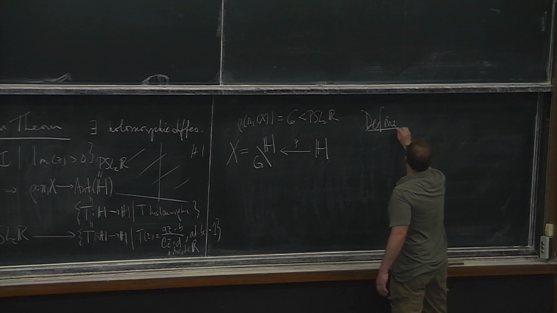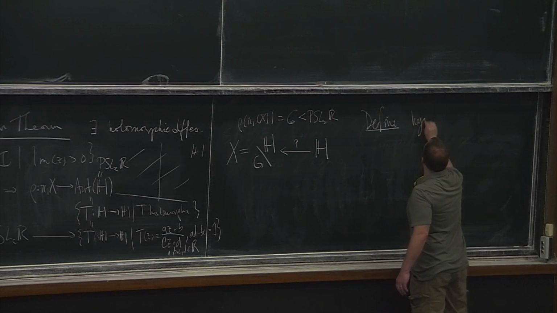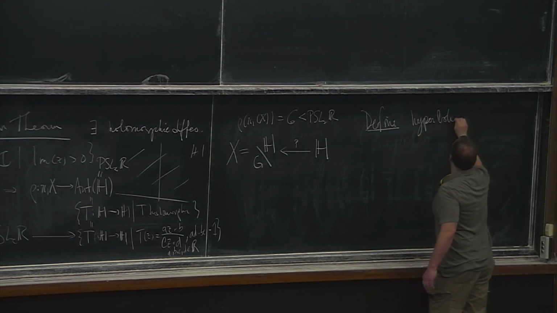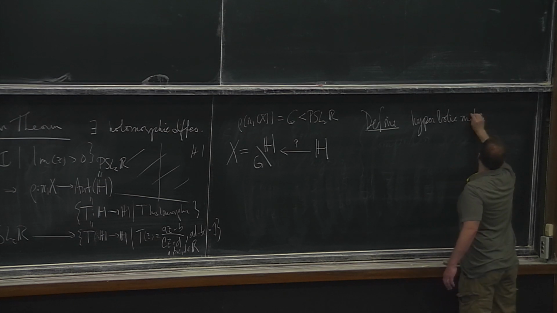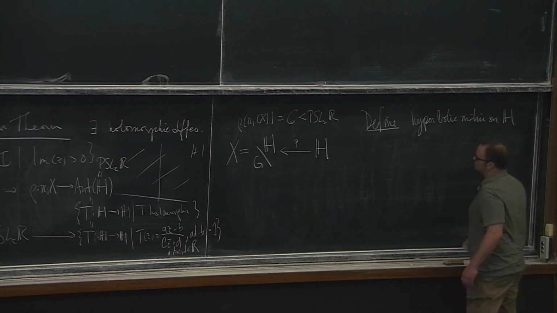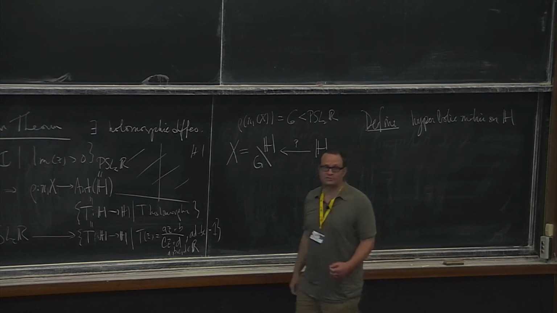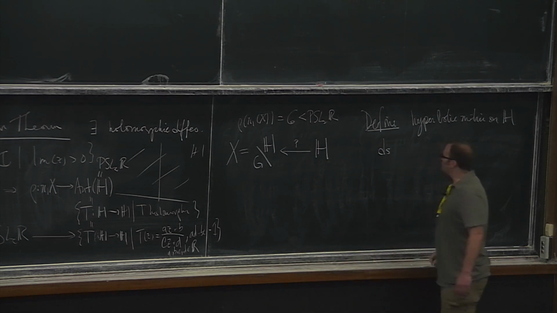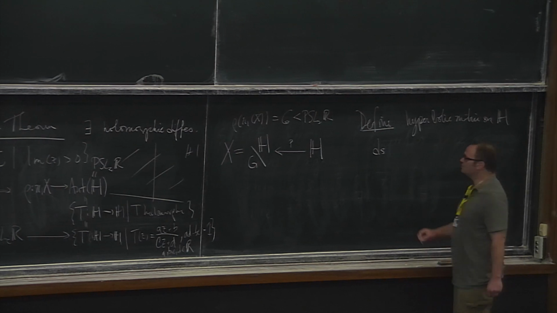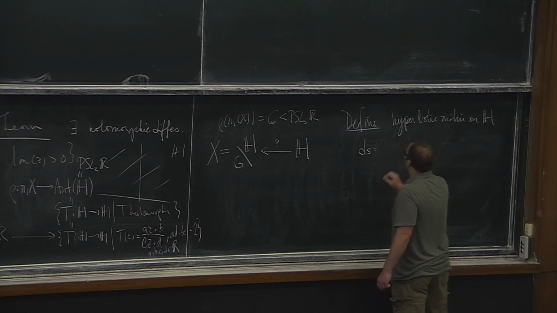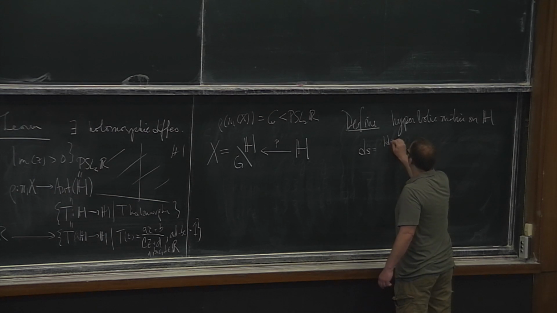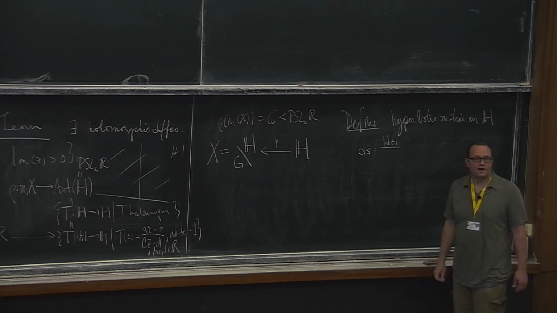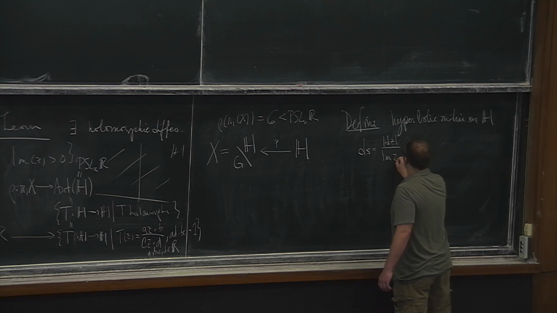In case you haven't seen it before, let me define the hyperbolic metric on H. This is a Riemannian conformal metric. I'm just going to tell you what the norm is on the tangent space at every point. It's just the Euclidean norm divided by the imaginary part of z.